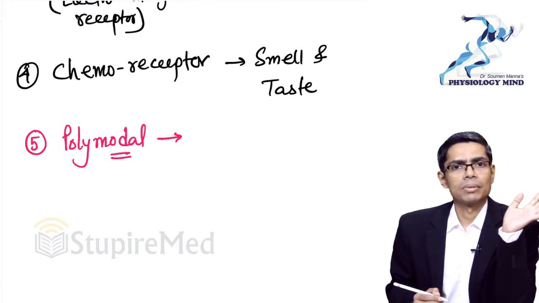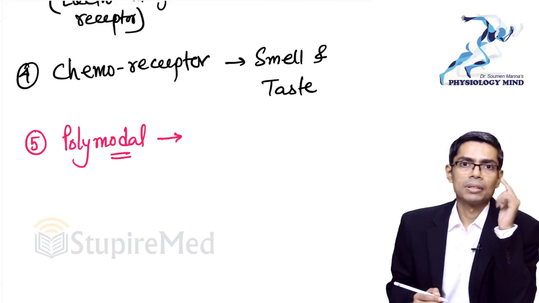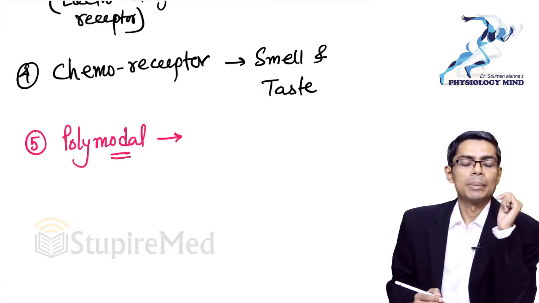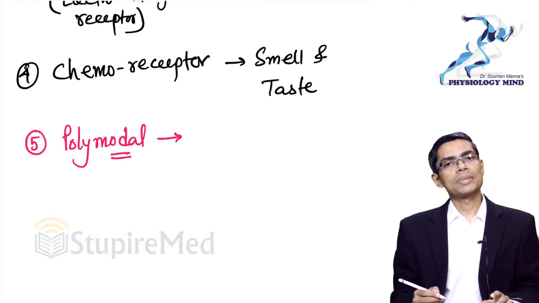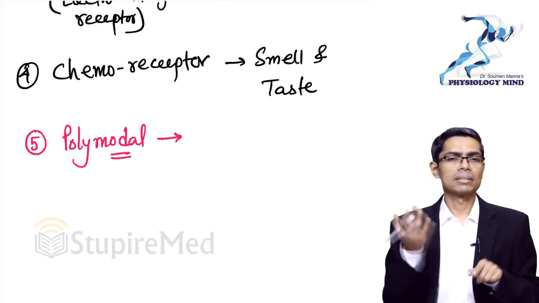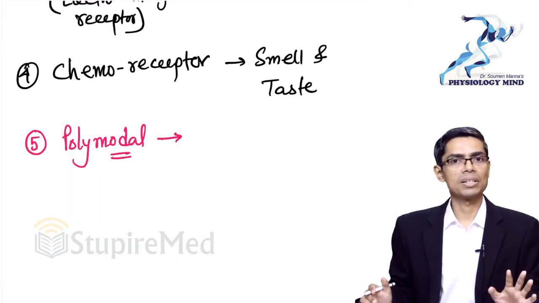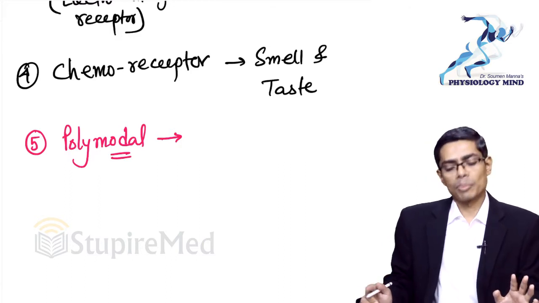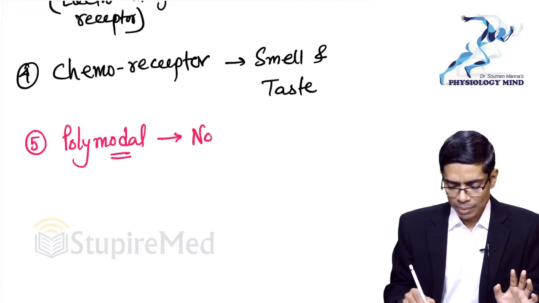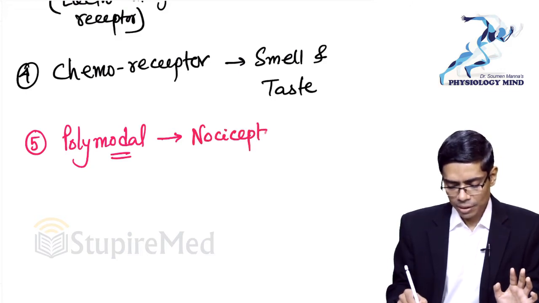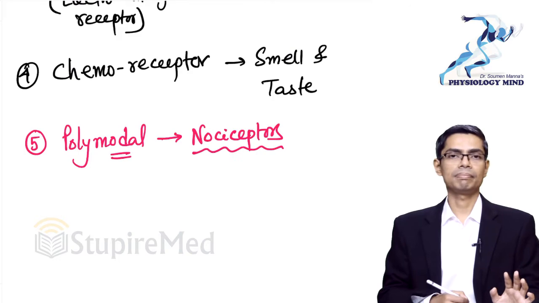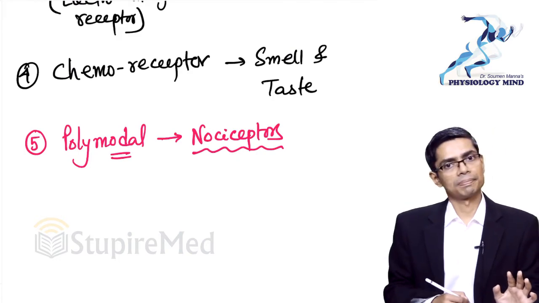The answer is no. They cannot detect pressure. They are only activated by light. But this polymodal kind of receptor can be activated by mechanical, thermal, chemical, different types of stimuli. That's why they are known as polymodal receptors. The example of a polymodal receptor is nothing but the nociceptor.